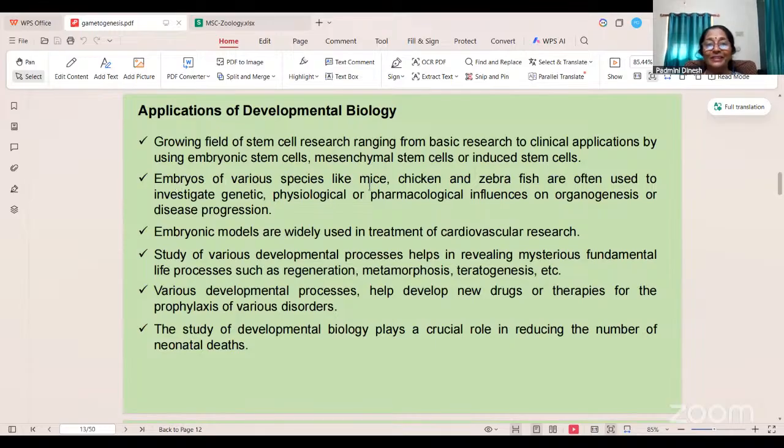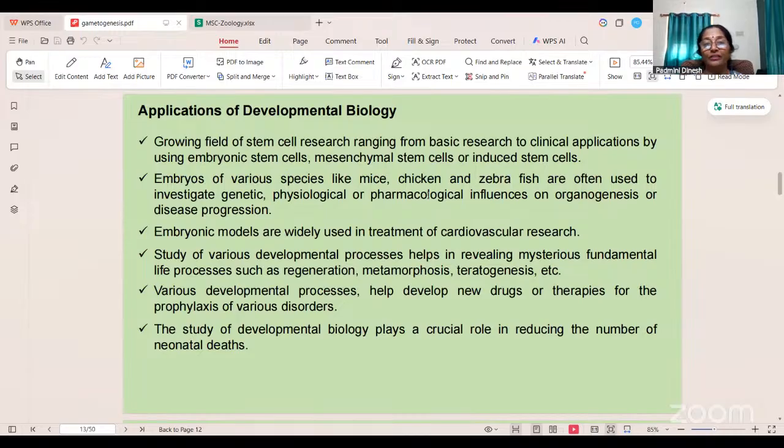Embryos of various species like mice, chicken, and zebrafish, the small fish, are often used to investigate genetic, physiological, morphological, and pharmacological influences on organogenesis or disease progression. Now, what is pharmacological?